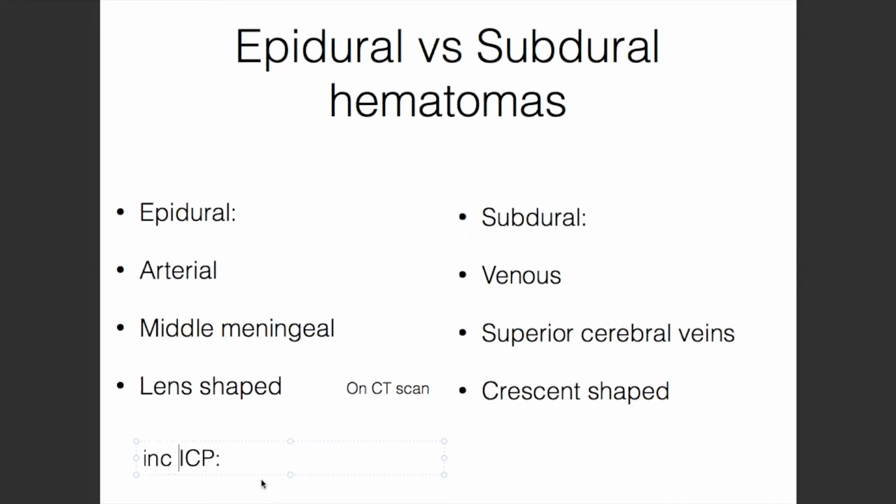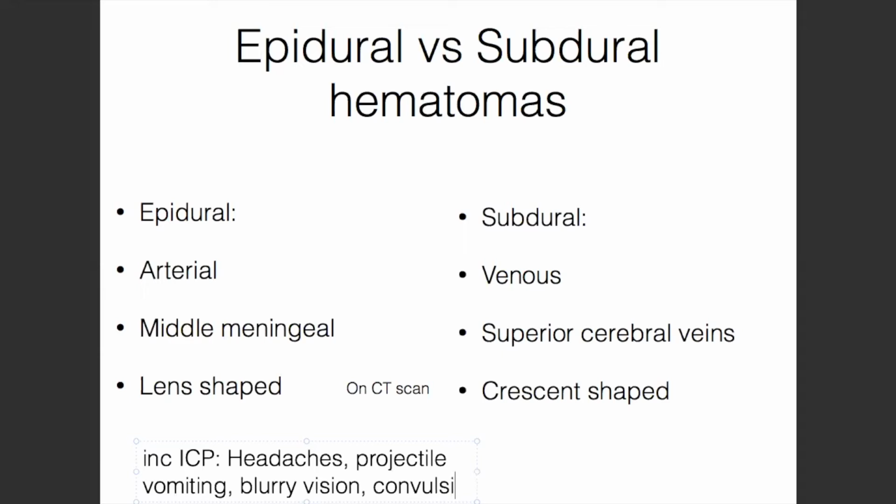Signs of increased intracranial pressure are basically headaches, vomiting, projectile vomiting, blurry vision. These are some of the signs they could show up with. Oh, convulsions, thank you, I forgot that one. Convulsions. Memory loss or confusion sometimes also come.